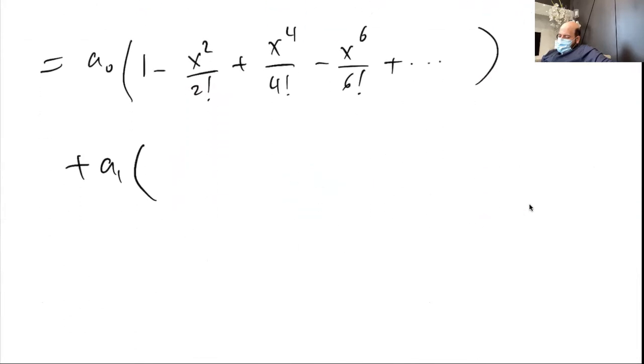So it's going to be a1 times x minus x cubed over 3 factorial plus x to the power 5 over 5 factorial minus x to the power 7 over 7 factorial.